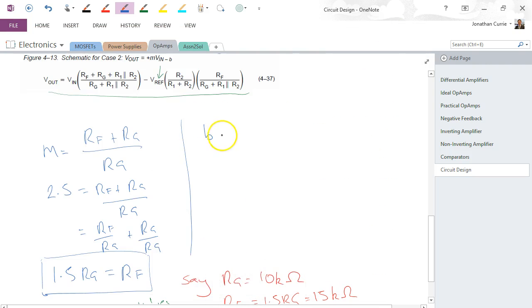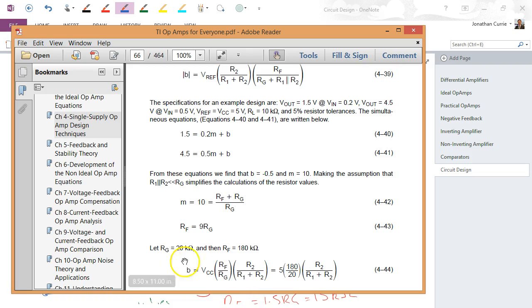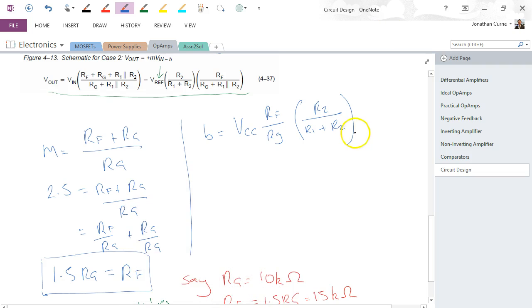So we have B is equal to VCC times RF over RG times R2 over R1 plus R2. Right, just double check that. RF over RG, R2 over R1 plus R2. Good. So let's substitute the values in we know.